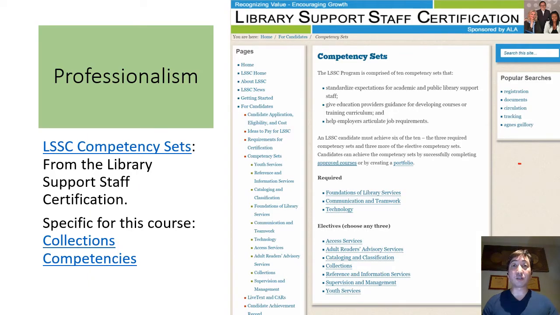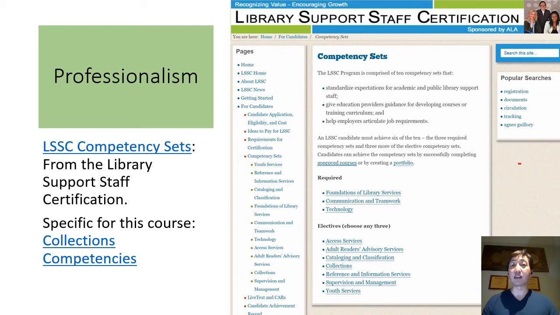In guiding all of this are our professional standards. For paraprofessionals working in libraries, we may want to take a look at the library support staff certification competencies. If you are not familiar with these, they outline what training programs, like the one here at PCC, should align their curriculum with to ensure that library staff have a base set of knowledge and skills to be successful in the workplace.